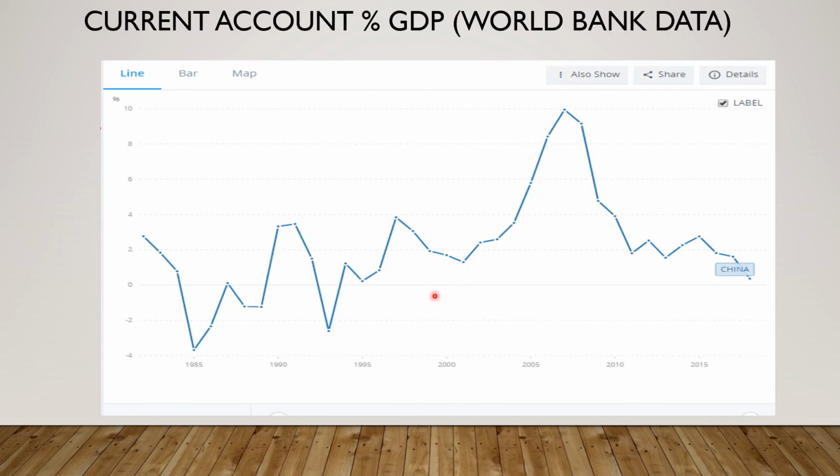This chart is the current account as a percentage of GDP of China, and as we can see, since somewhere in the early 1990s, the current account of China started rising, reached a peak, and then has started to fall. So the process is already on.